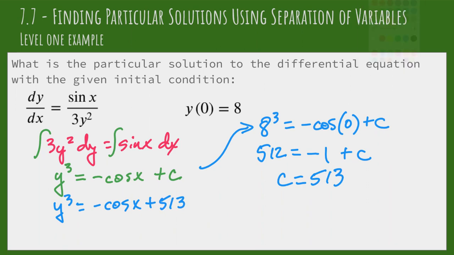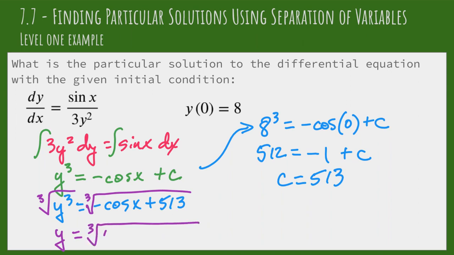And take the cube root to get rid of the cube. Keep in mind that the cube root, being an odd root, can handle positives or negatives. So we don't really need to worry about restrictions here because we don't get any discontinuities, whether the inside of that is positive or negative.